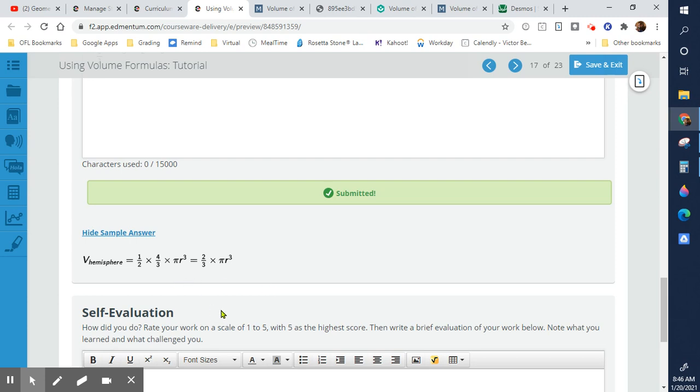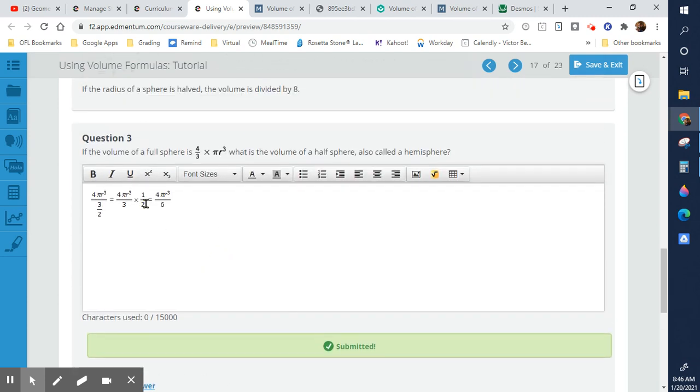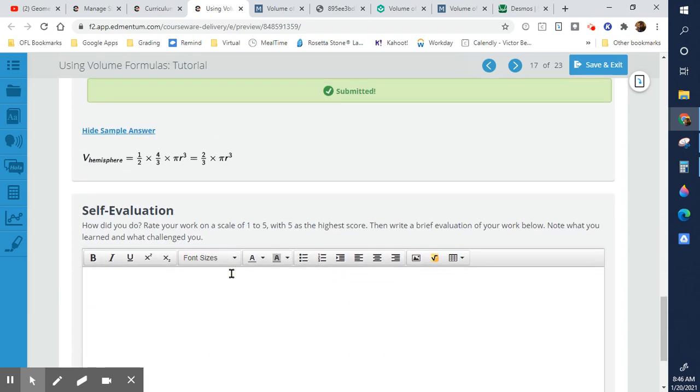And there you can see, oh, they changed it to 2/3. That makes sense because you can reduce the 4 and the 6. I'm going to give myself a 4. I forgot to reduce some values, and I should have used fractions to make it more clear.